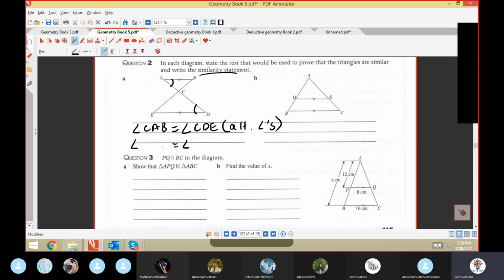What's another one? Zara? Angle ABC and angle CED. Yep. Angle ABC equals angle CED. Alternate angles as well. And therefore, triangle ABC is similar to triangle DEC. And what's your reason?